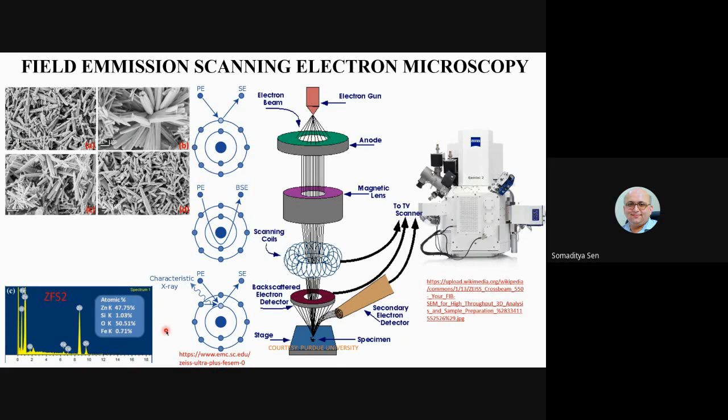Okay. Now, the important aspect of scanning electron microscopy is to find out the morphology of the material that you have prepared. When I say morphology, I'm talking about when you start confining a material from bulk, bulk is monotonous.